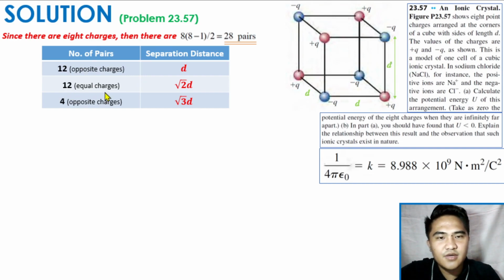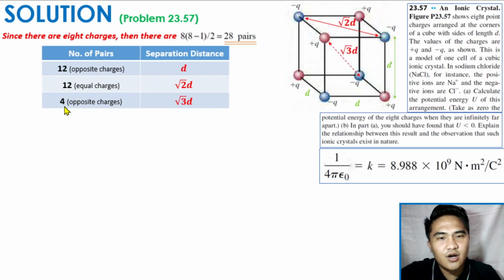Next, we have 12 equal charges of separation distance square root of 2 d. In this figure, we have equal charges, and we know that in a square, which is the face of our cube, geometrically, the diagonal is equal to the square root of 2 d.